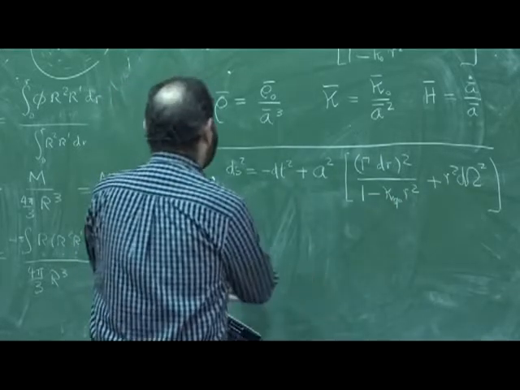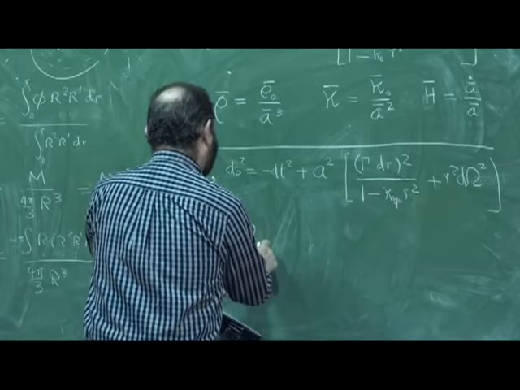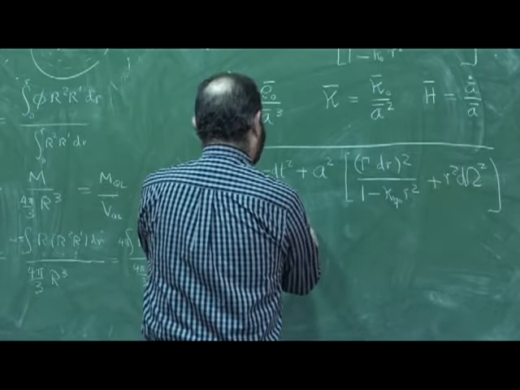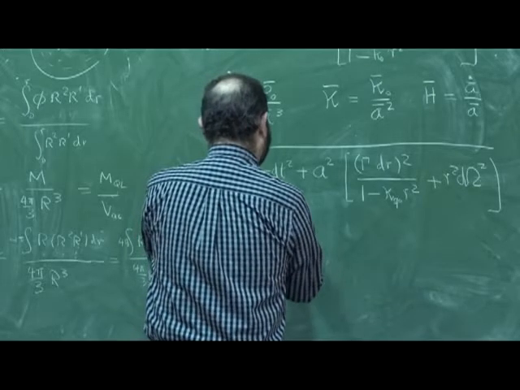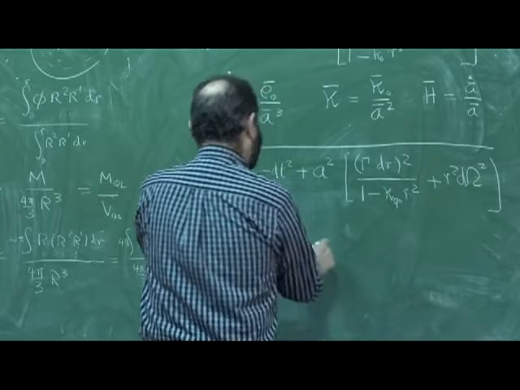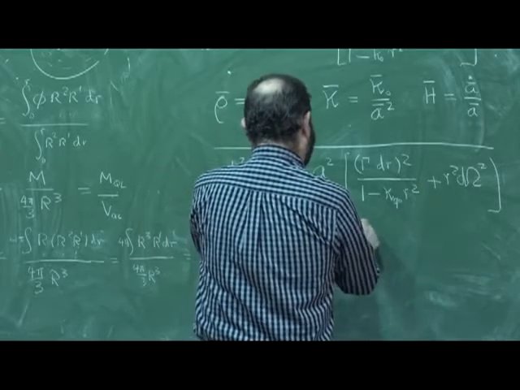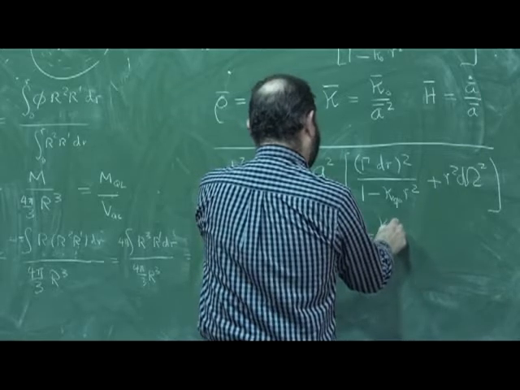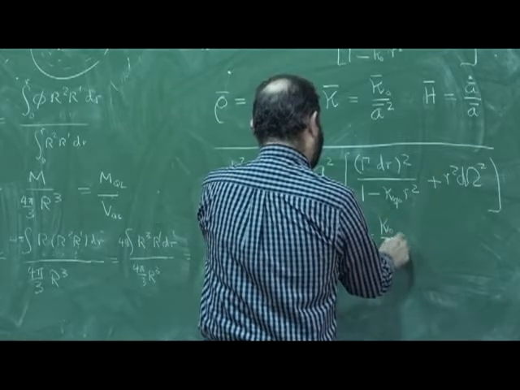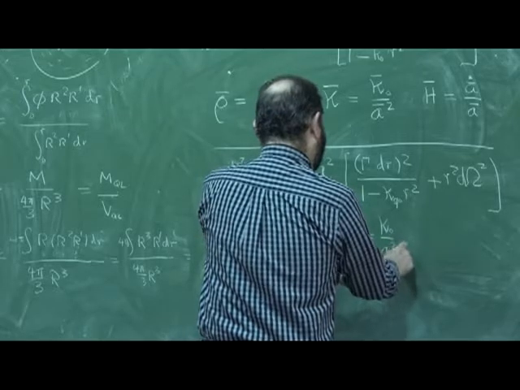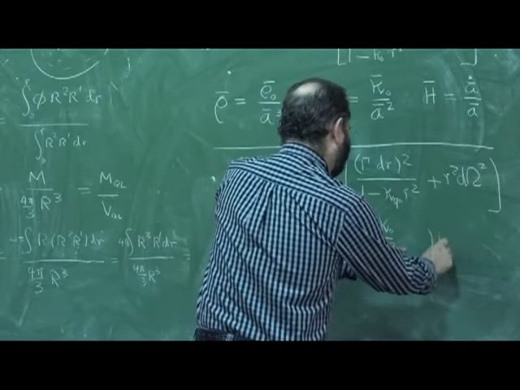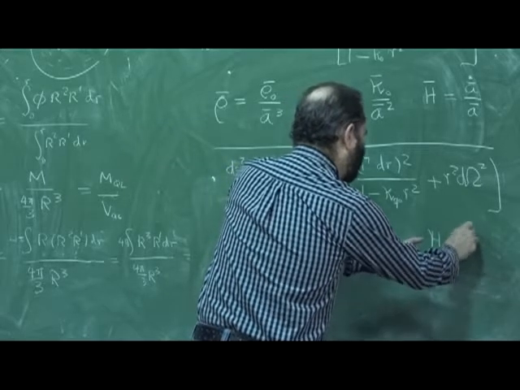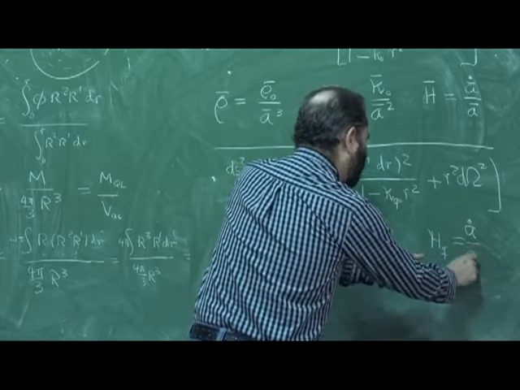And what is rho q? Well, rho q is rho q0 by a q. What is k q? It is k 0. And what is HQ? It is A dot over A.